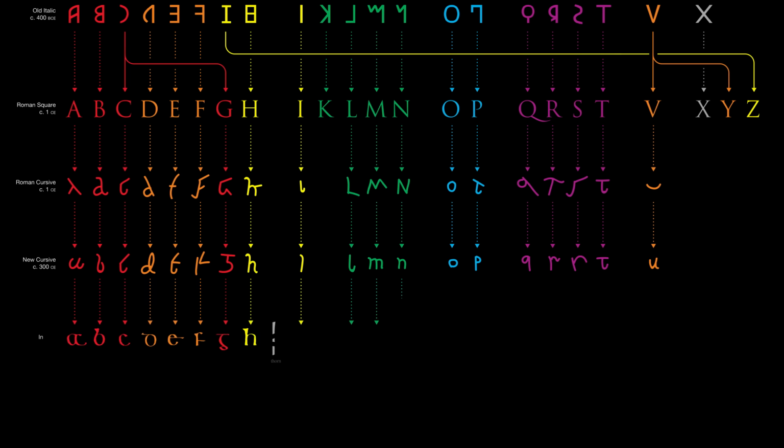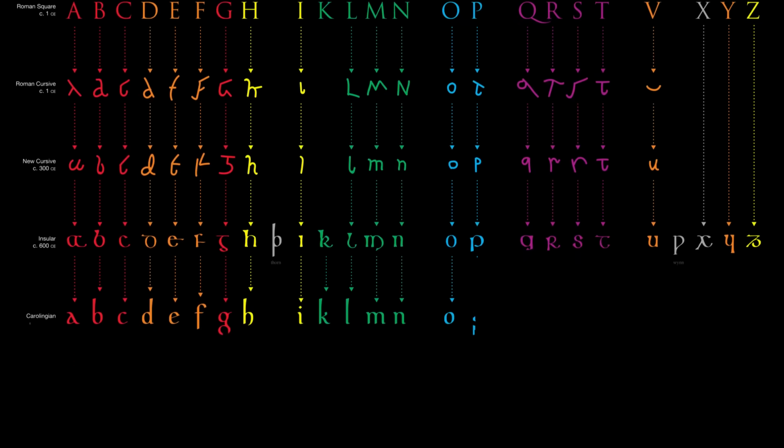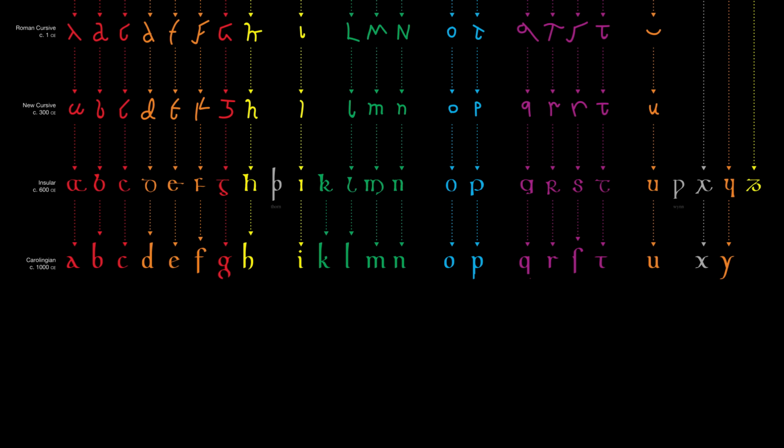There, a script developed known as Insular, which also ended up being adopted by the Anglo-Saxons over on the island of Great Britain. Therefore, this style of writing is also sometimes called Old English. A little while later, over on the continent, a slightly different style of lettering developed called Carolingian. This version of the alphabet emerged during the reign of Charlemagne, and by the year 1000, it had become standard throughout most of Europe.